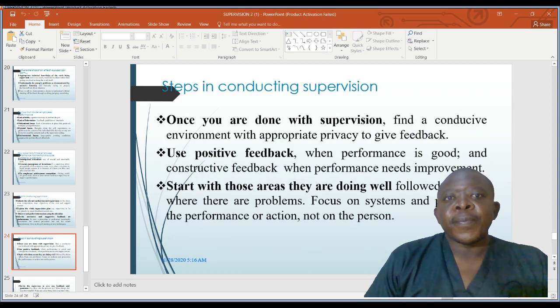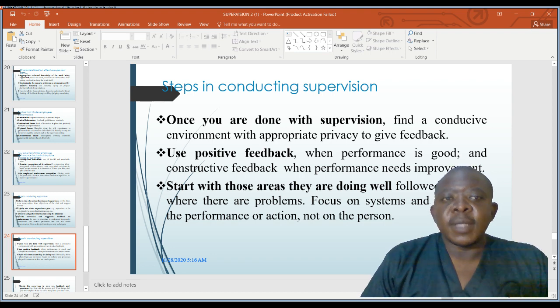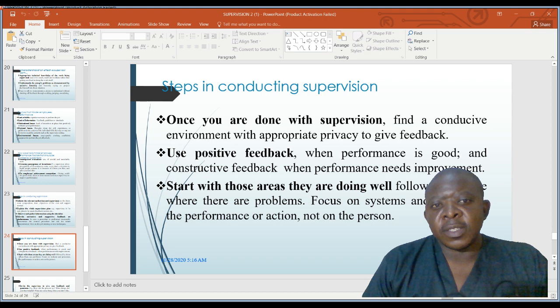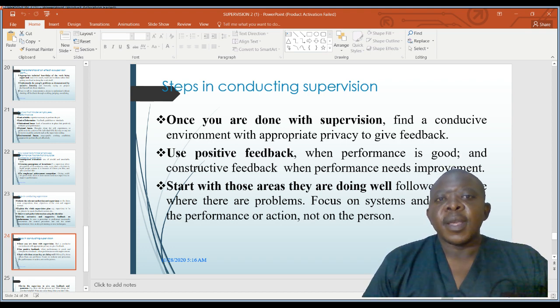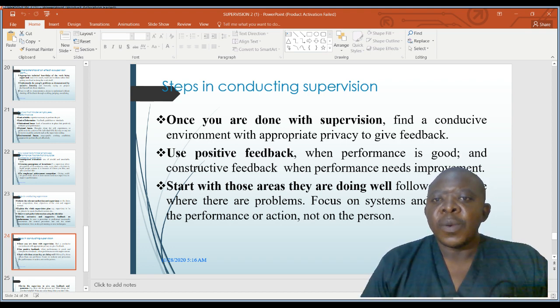Now, which steps are we going to follow in giving feedback? Once you are done with supervision, find a conducive environment with appropriate privacy to give feedback.